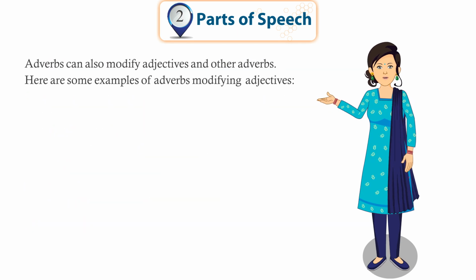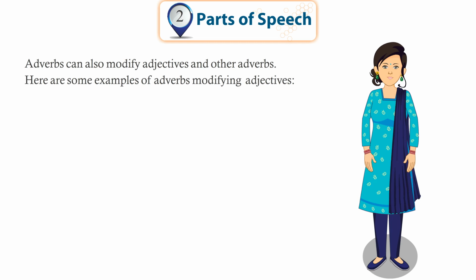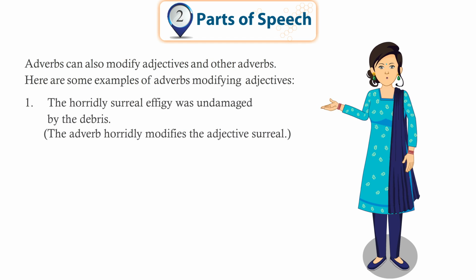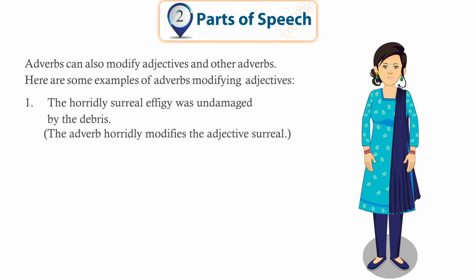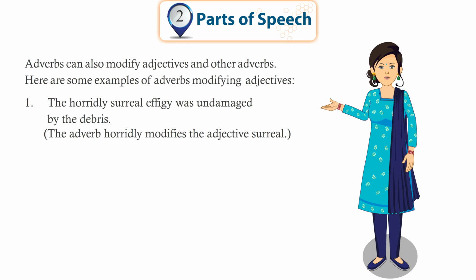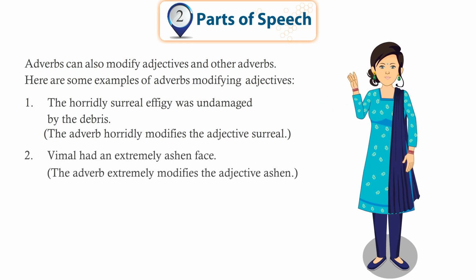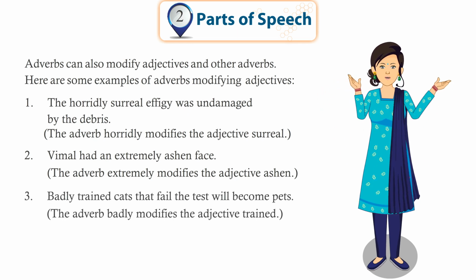Adverbs modifying adjectives. Adverbs can also modify adjectives and other adverbs. Here are some examples of adverbs modifying adjectives. The horridly surreal effigy was undamaged by the debris. The adverb horridly modifies the adjective surreal. Vimal had an extremely ashen face. The adverb extremely modifies the adjective ashen.